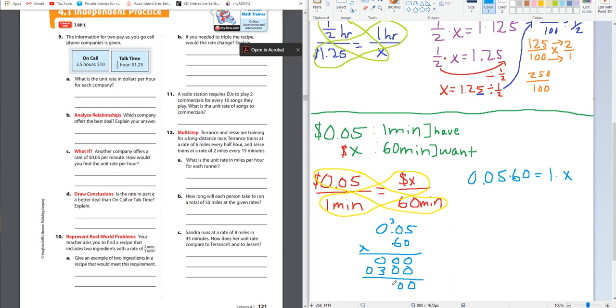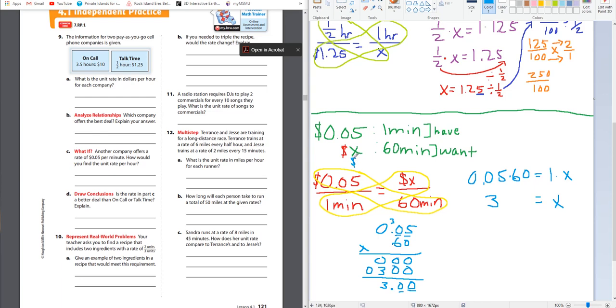So that's 300. And there were 2 decimals in my problem, so there are 2 decimals in my answer. So the answer is 3.00, but you can just leave it as 3. And this is just x, because 1 times x is x. So x equals 3. That means that 60 minutes, 1 hour, is $3.